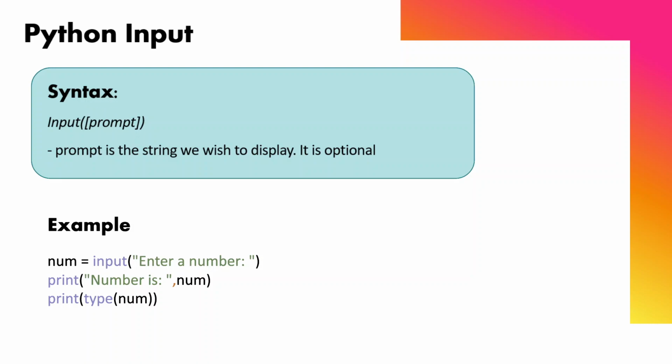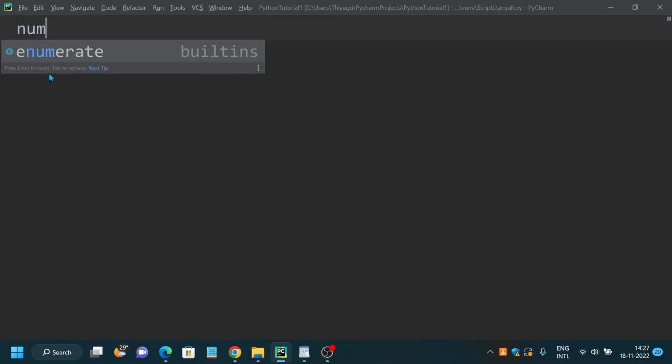Let's see an example, and once we see an example, I think you'll have a much better understanding. I have given an example here where I'm getting a number as an input from the user and I'm just trying to print it. This is a very basic and easy one.